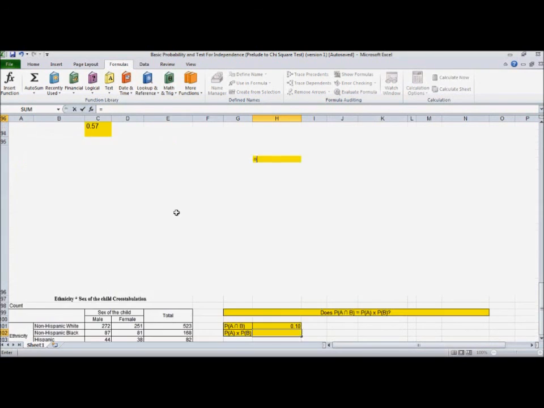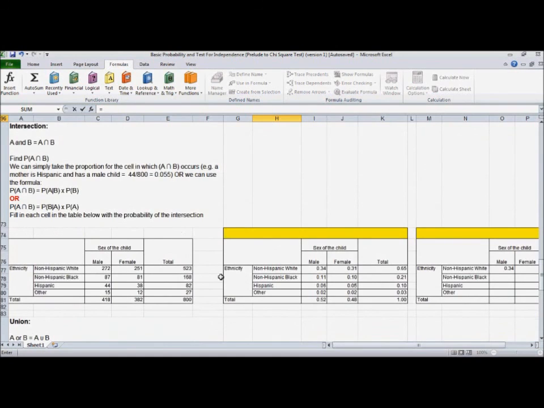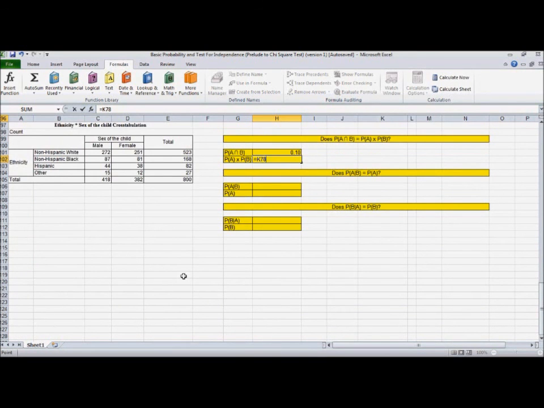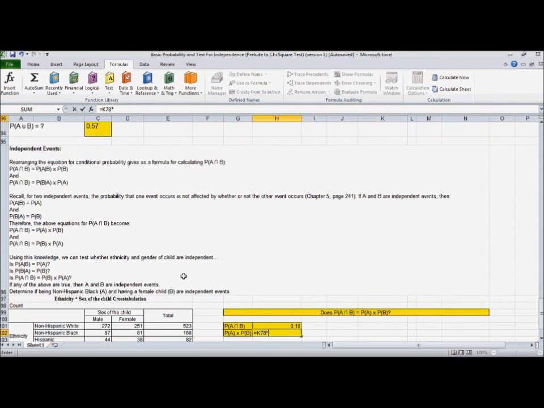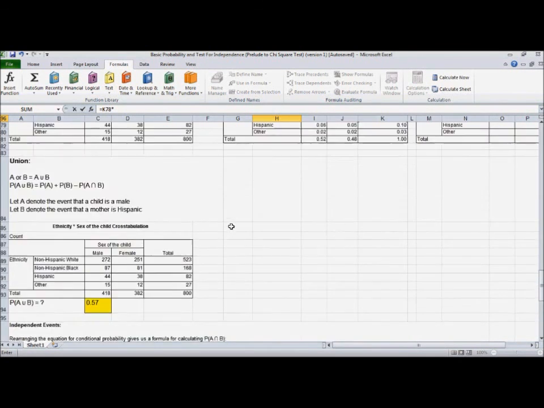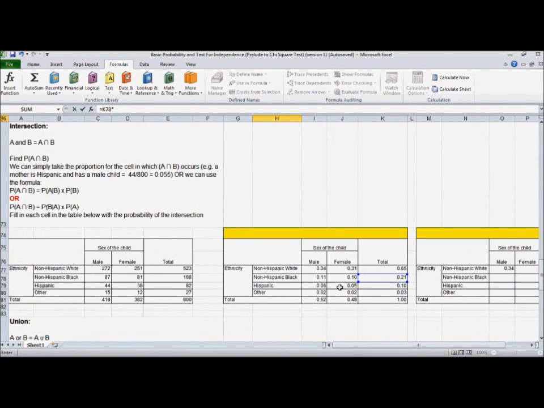Now we don't need to use the counts because we have a table of probabilities here. Remember, probability of non-Hispanic black is 0.21, right? And we're going to multiply by the probability of female child. And the probability from our table above of a female child was 0.48.